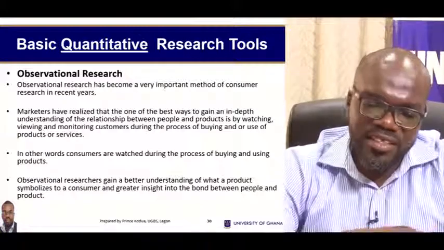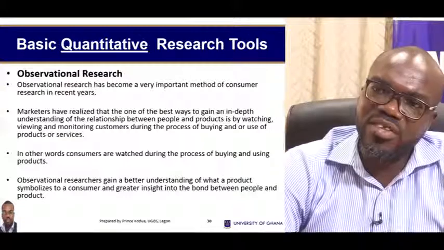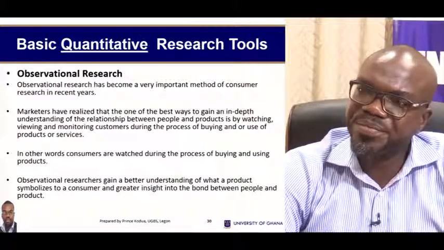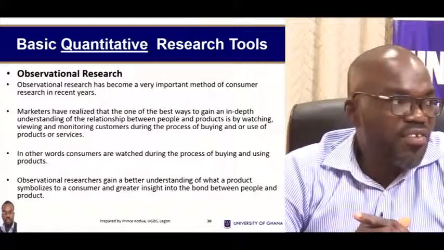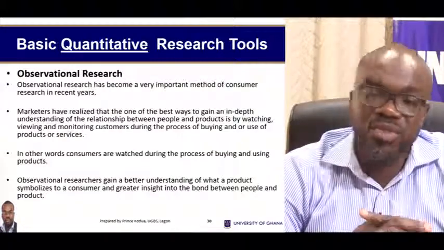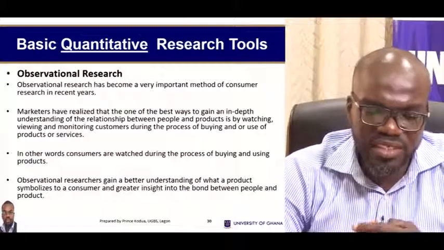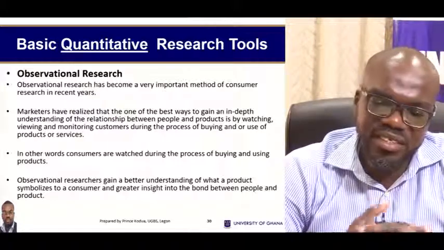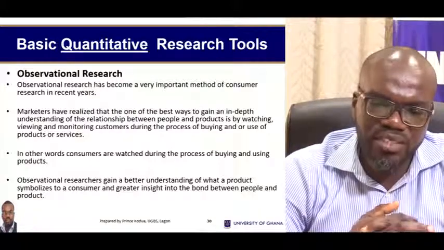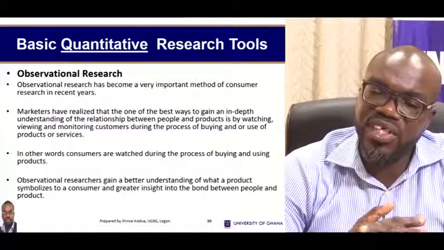Here again, researchers may rely on the use of technology in observing the relationship between consumers and their brands. And depending on what the research objectives are, it may be used to gain very useful information which can be taken for strategic decision making.